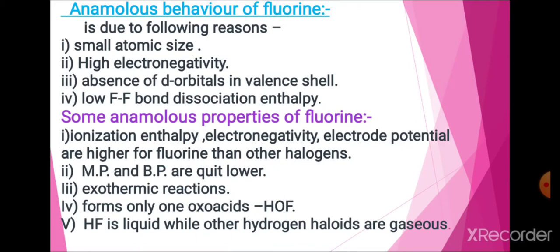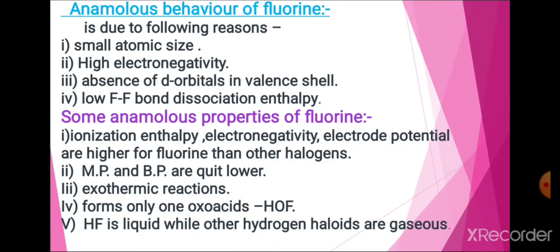Because the size of fluorine is small, it forms a shorter bond and this bond is stronger, that's why these reactions are exothermic. Most of the reactions of fluorine are exothermic, means heat is evolved during these reactions.